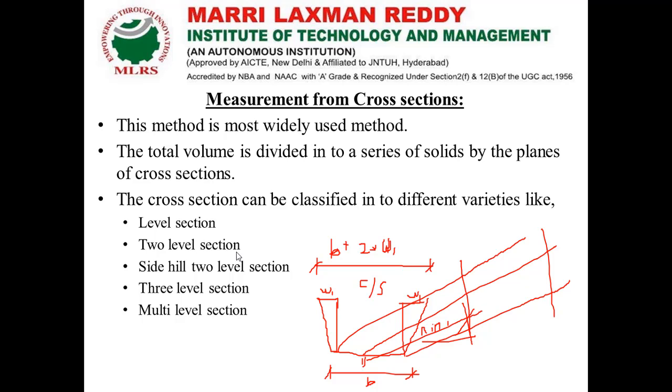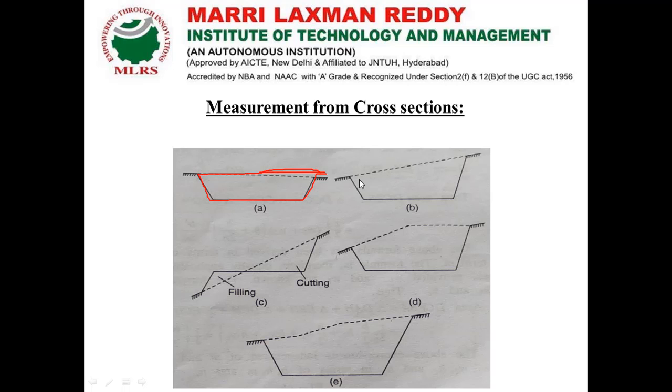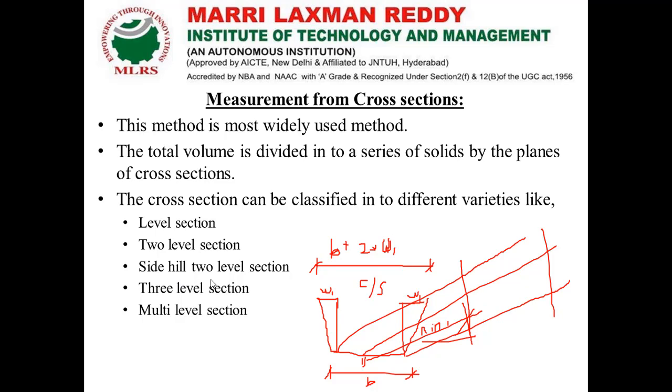Then two level sections: one side of the embankment and another side of the embankment or bund is at a different level. There will be some height variation from the top to bottom, so here we get another slope along with the side slope. Then the third one, side hill two level section.